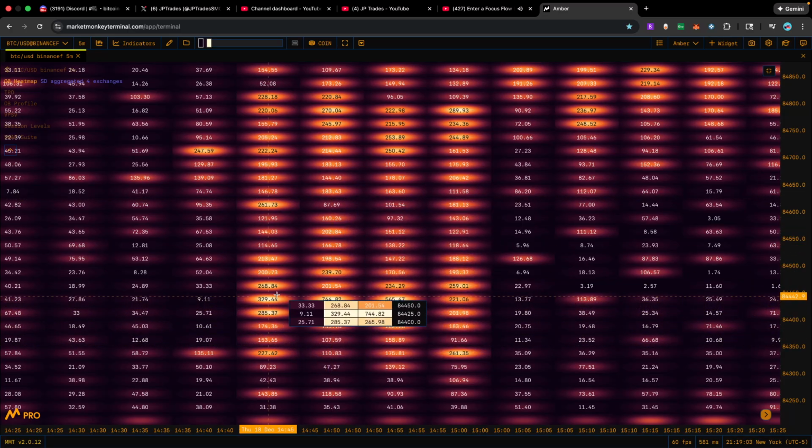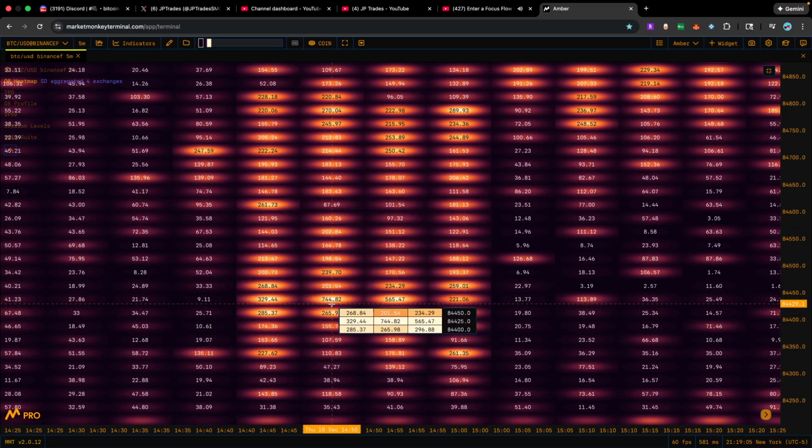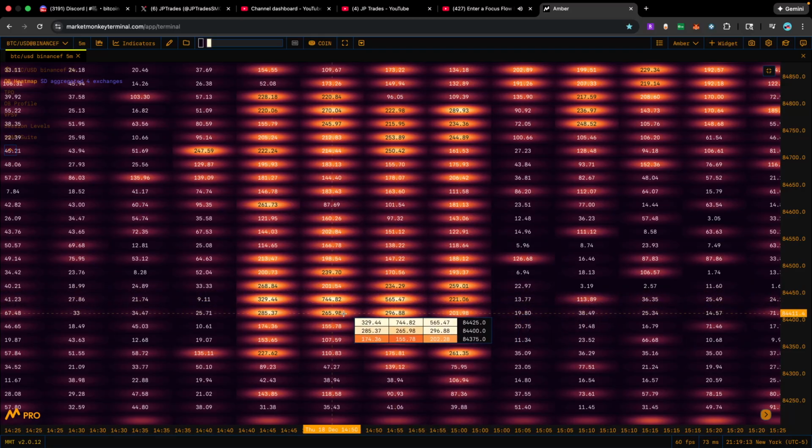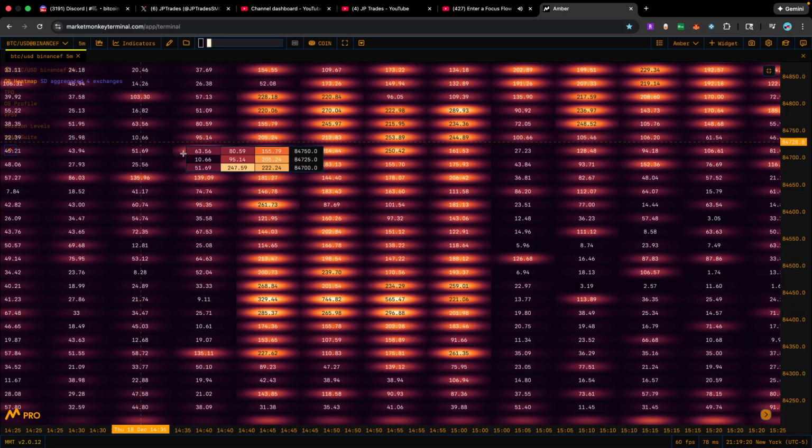Down here, we had even higher numbers right here and right here. 744, 565. So we have some heavy buyers in this area ready to soak up price once price gets there.